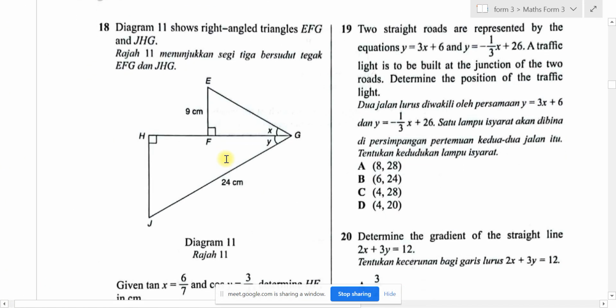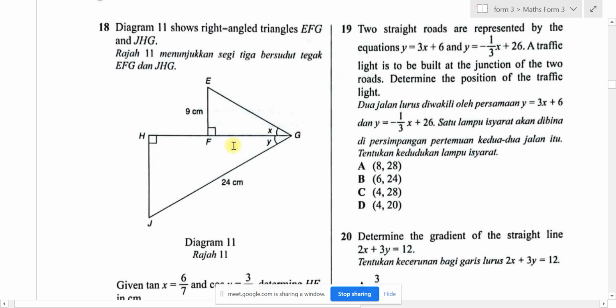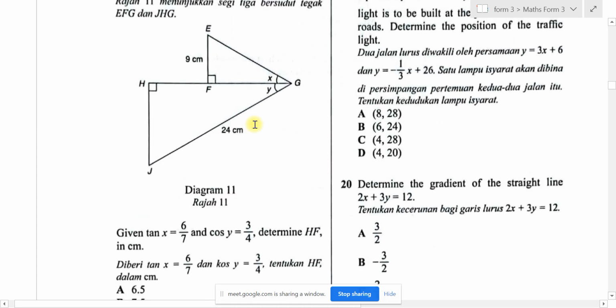Okay, 18. Diagram 11 shows the right-angled triangles EFG and GHG. Okay, got two right-angled triangles. Given that tan x equals 6/7. Tangent, you all must remember the formula.